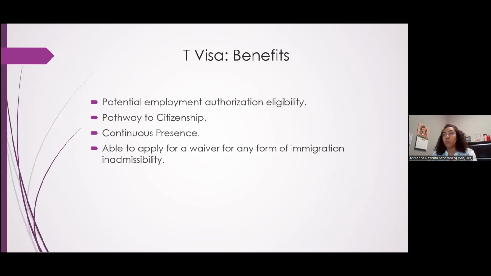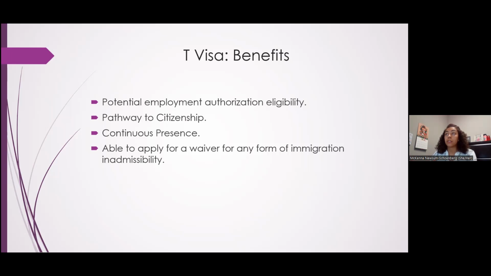As Carmen said, with the U visa, the names are confusing, but they are not visas to travel. If you have a T visa, you must remain in the United States. But there's also, with the T visa, an ability to file a waiver for any sort of immigration inadmissibility. So again, if you have come into the United States without permission, that's something that could be waived.